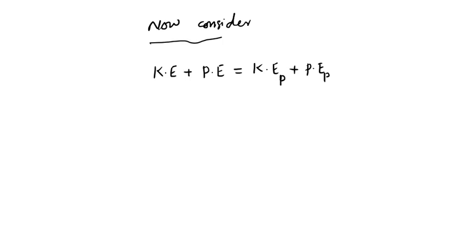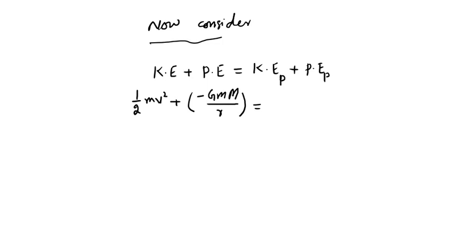Now if I put all the equation, we have the kinetic energy, half mv squared, plus the potential energy, that is gravitational potential energy, capital G, small m, capital M. Small m is for the satellite, capital M is for the Earth, divided by the distance between these two bodies.